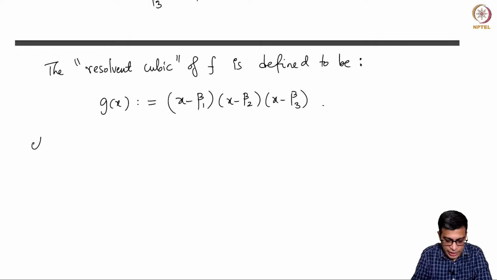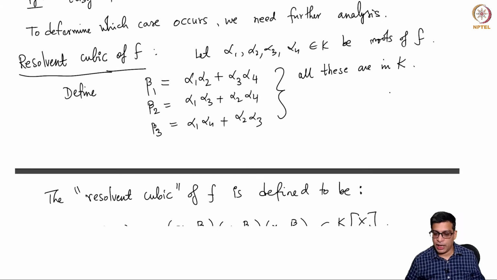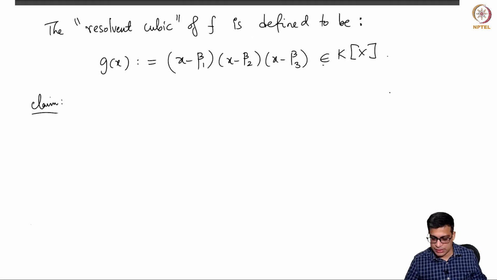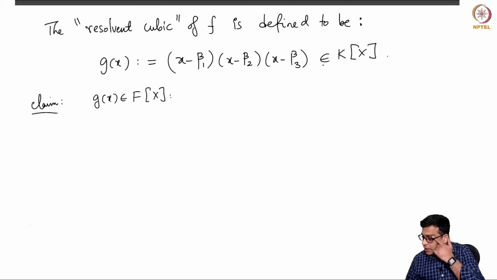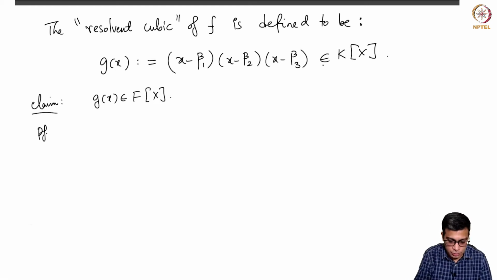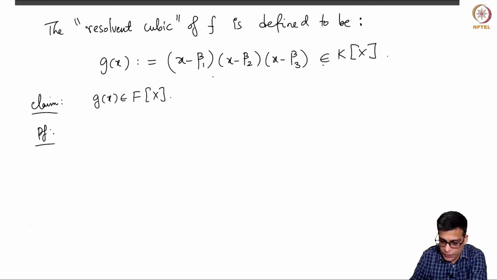Now I claim, I mean this is of course a priori in K[x], and beta i's are in K, so that means this is in K[x], but we claim that G(x) is in fact in the base field. Beta i's may not be there, but the coefficients of G will be in the base field.